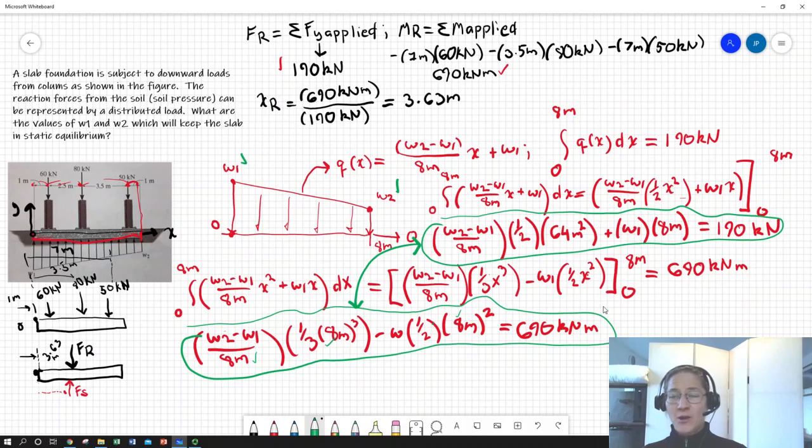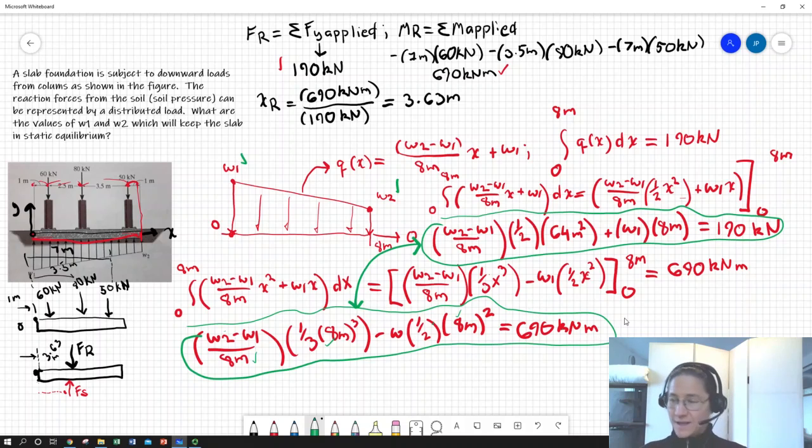Not going to go through it now, but you are definitely poised to where with a little bit of algebra and rearrangement you can get values for W1 and W2 and then go ahead and back check them. You do know about where your force resultant should be, and you can get an idea of if it makes sense and give yourself a level of error checking to do that.